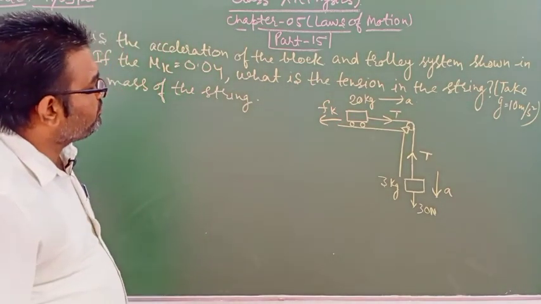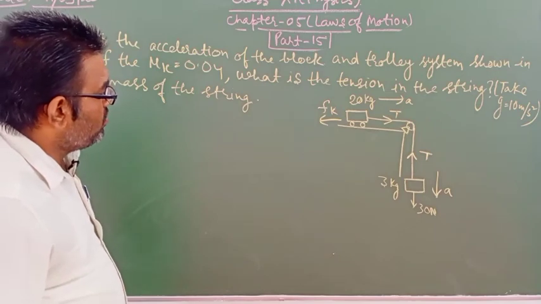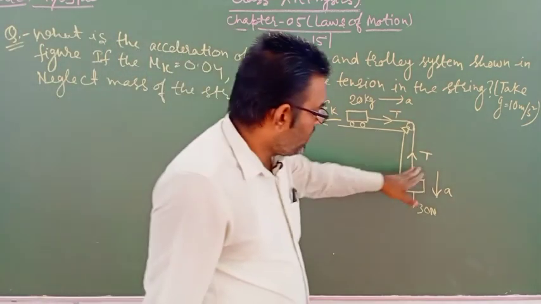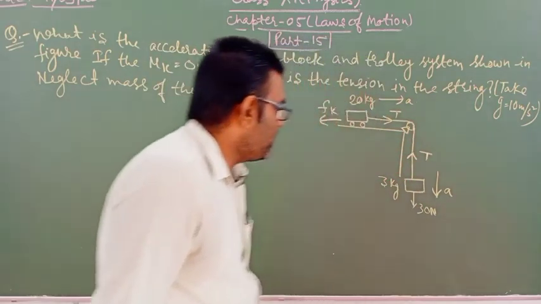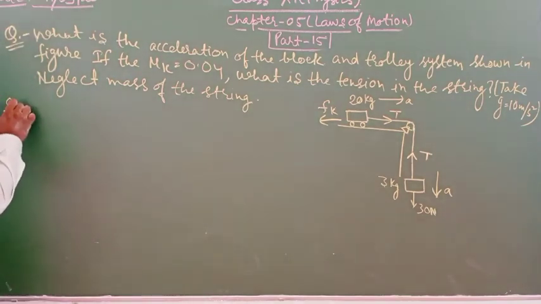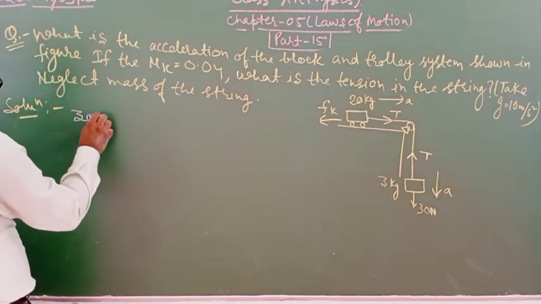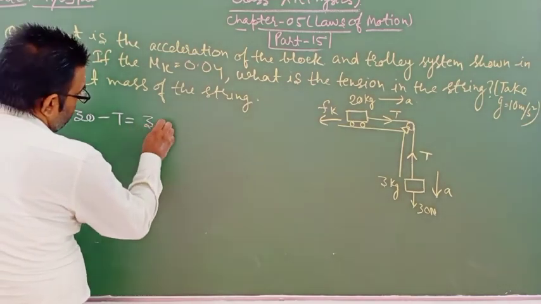So we have to find the value of acceleration a. First of all, we will write the equation for this. Since the body is accelerating in this direction, 30 minus T is equal to 3a.